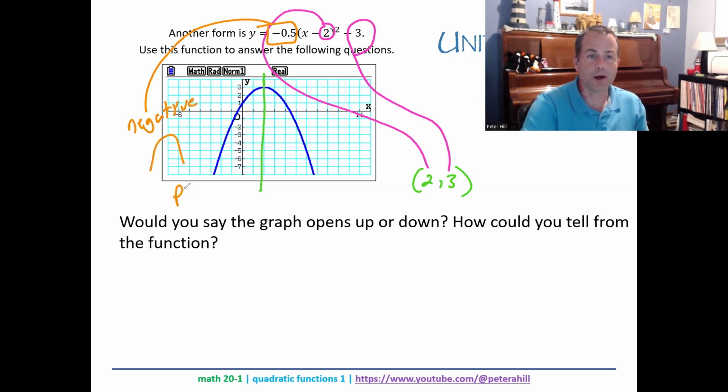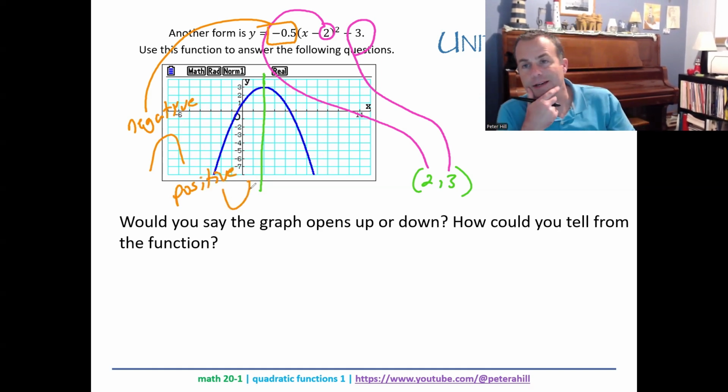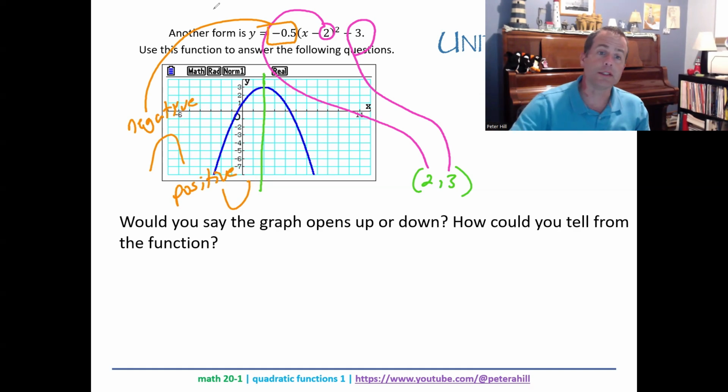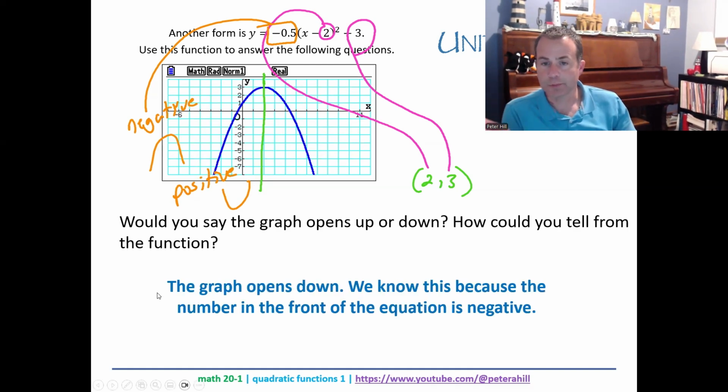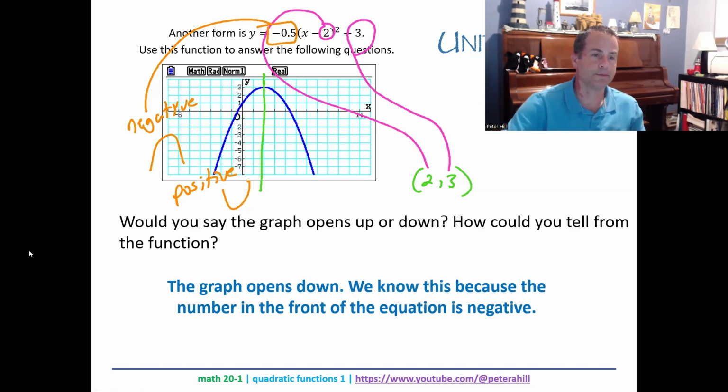If that front number is positive, the graph will open up. And that front number is called a leading coefficient. The graph opens down. We know this because the number in front of the equation is negative.